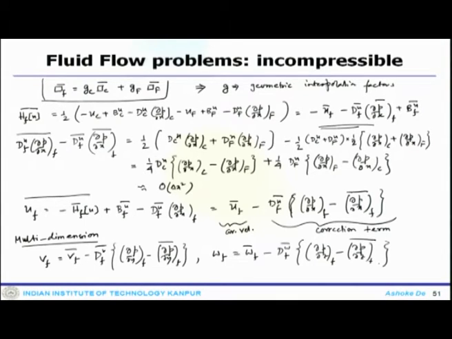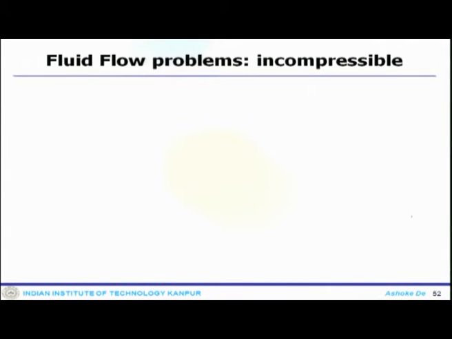Now, all these equations, for 2 to 3 dimensions, one can write in some sort of a vector form.